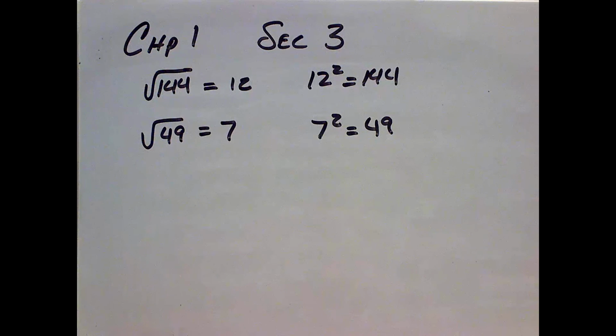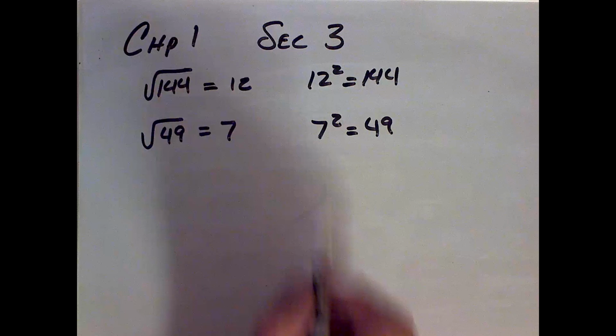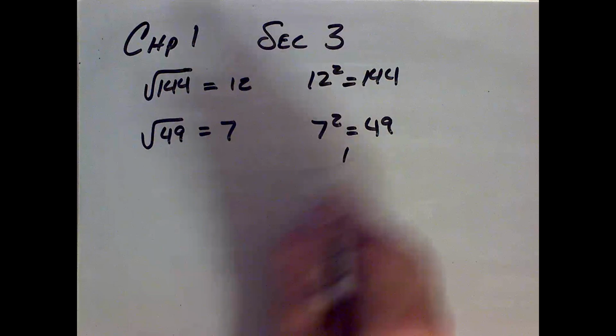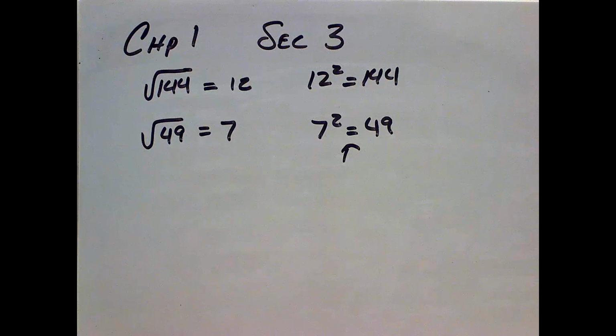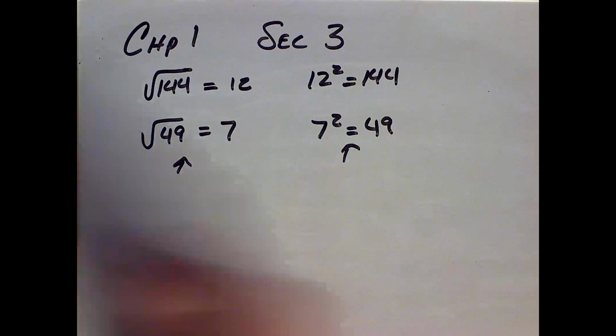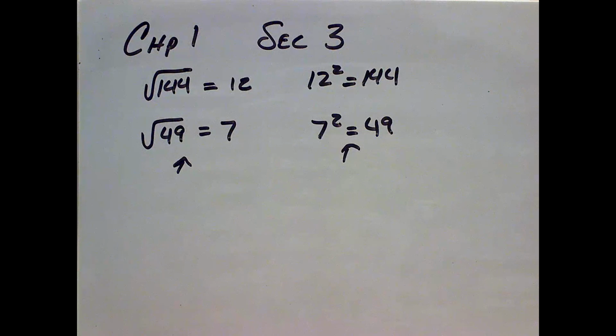This will help you as you start moving forward and learning this, and we'll work on knowing your perfect squares, and that's what these are. These are perfect squares here, and these are square roots. As we move forward, we'll get to learn those better, but the sooner you know these, the faster you'll get to know these.